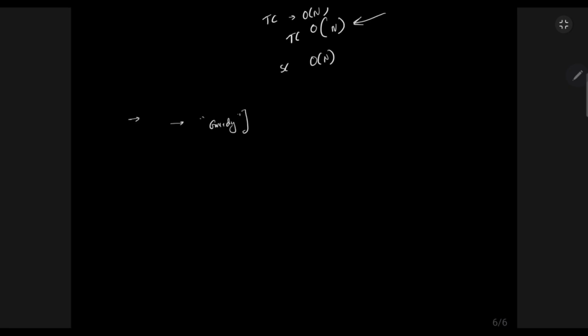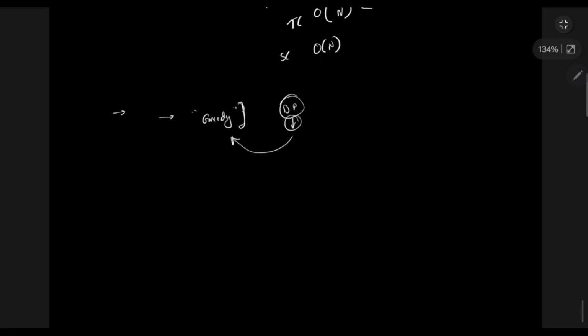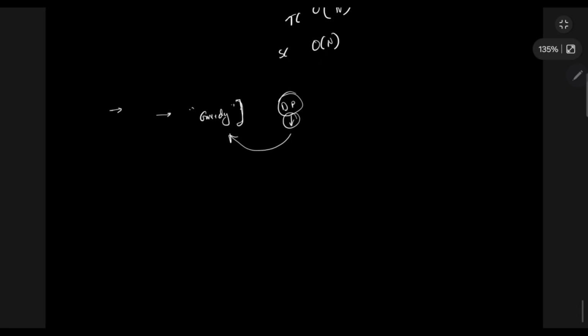Before implementing anything we need to check whether we can go with DP or not. If we cannot go with DP, then mostly we'll go with greedy. I think this is the solution for the question.